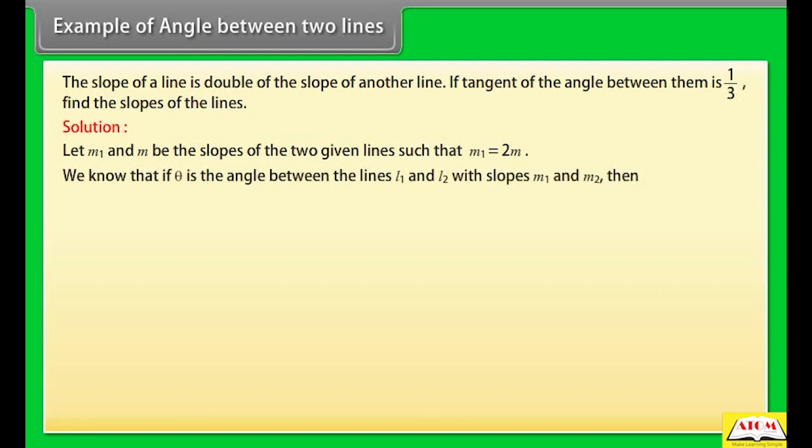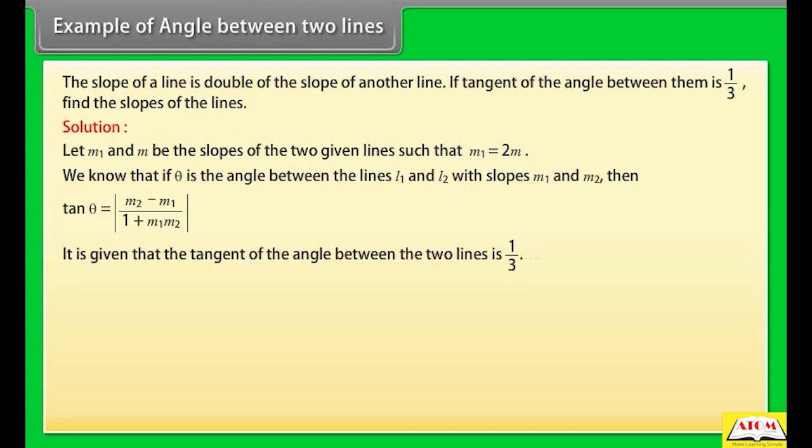We know that if theta is the angle between the lines L1 and L2 with slopes m1 and m2, then tan theta is equal to the modulus of (m2 minus m1) divided by (1 plus m1 m2). It is given that the tangent of the angle between the two lines is 1 by 3. Therefore, 1 by 3 is equal to the modulus of (m minus 2m) divided by (1 plus 2m into m).